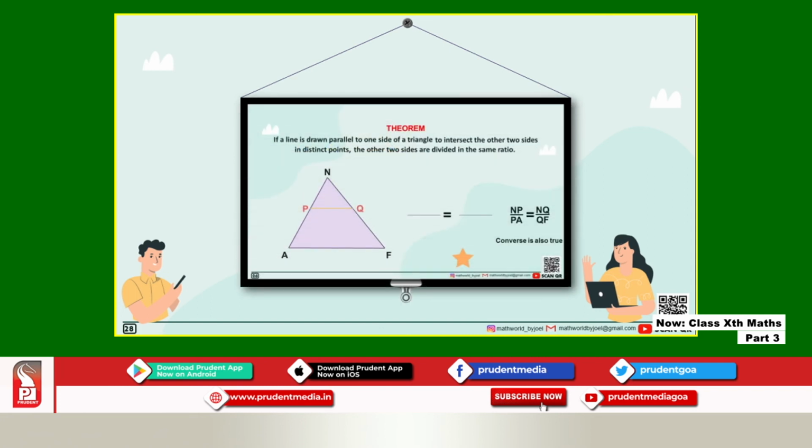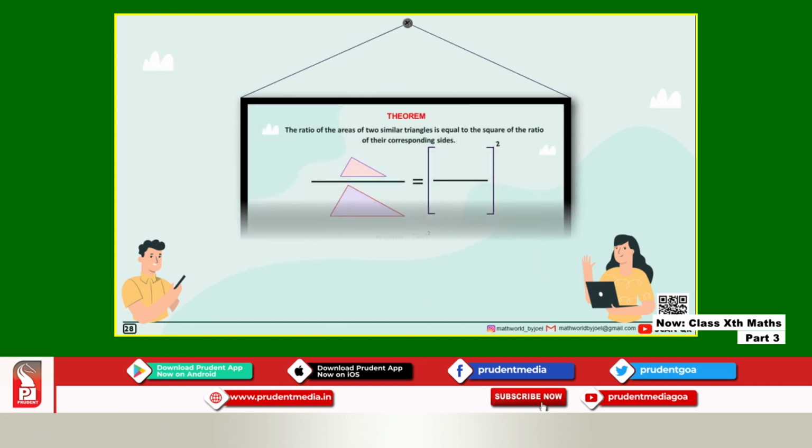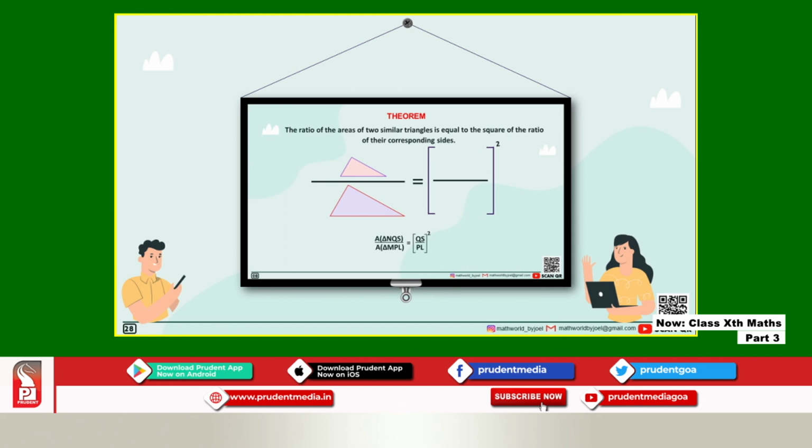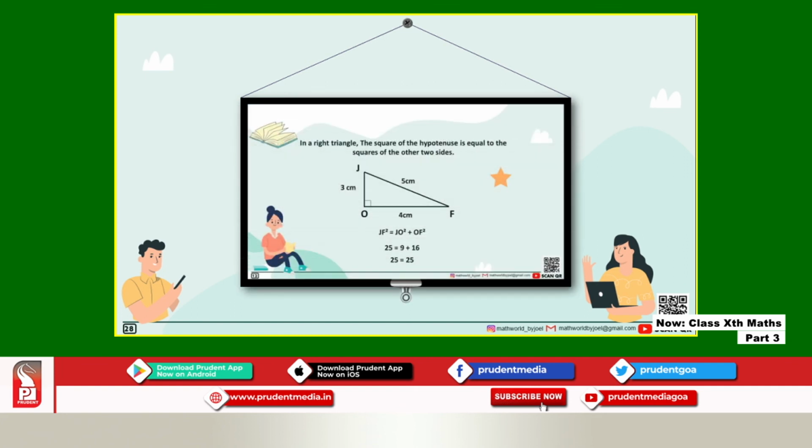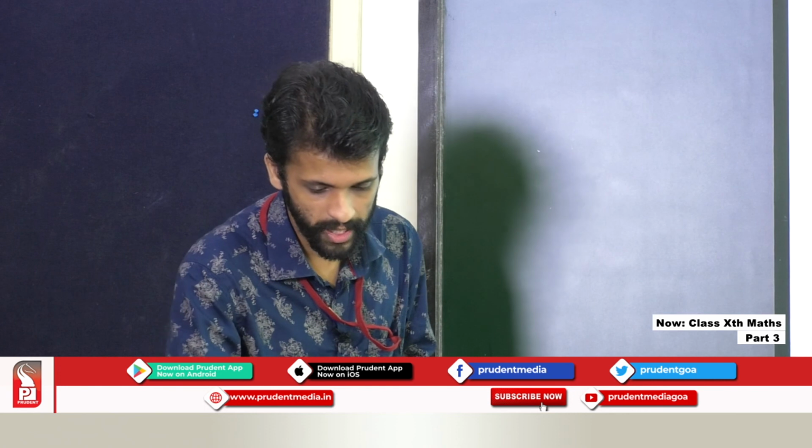We learned the theorem that when a line is parallel, the other sides are in the ratio. We also learned the theorem that if the areas of similar triangles are in a ratio, then it equals the square of their corresponding sides. We learned the Pythagoras theorem, which tells us the square of the hypotenuse is equal to the sum of the squares of the other two sides.